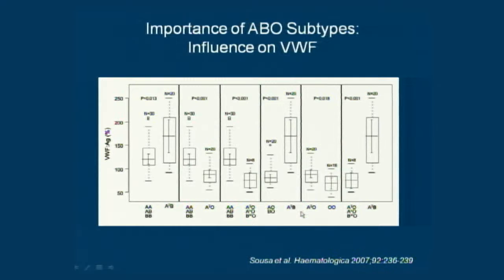So the paradoxical thing is that the presence of A on red cells does not necessarily indicate that you will have the VWF level of the average A, and that A subtypes will often behave like O.